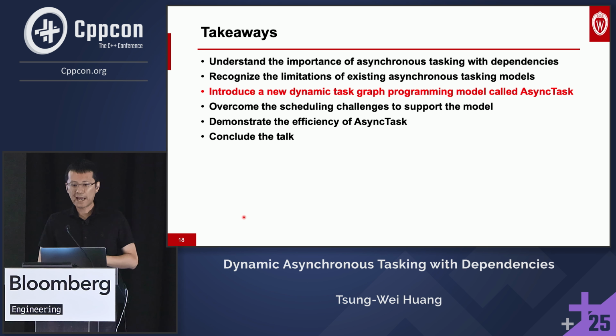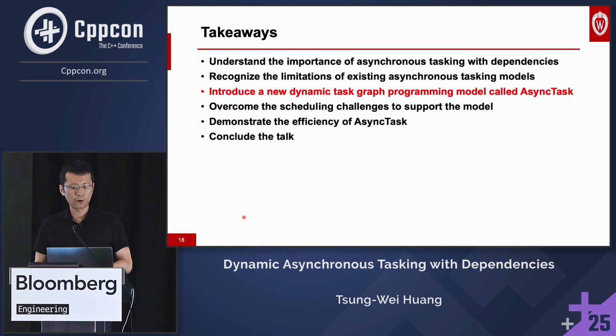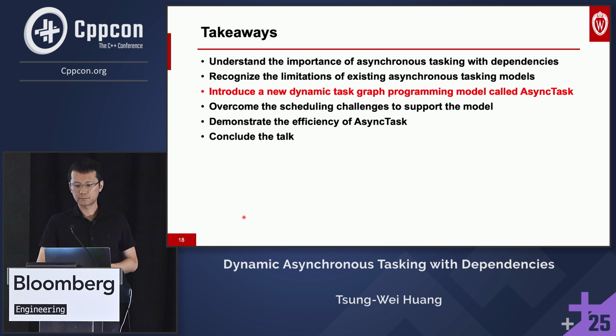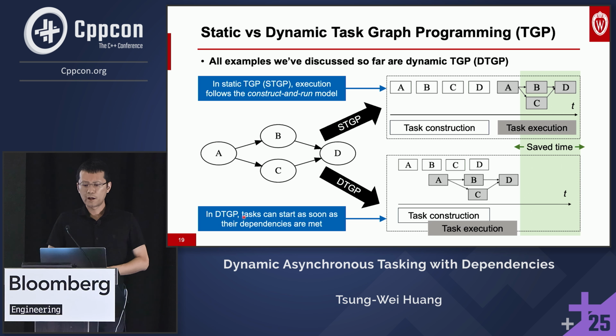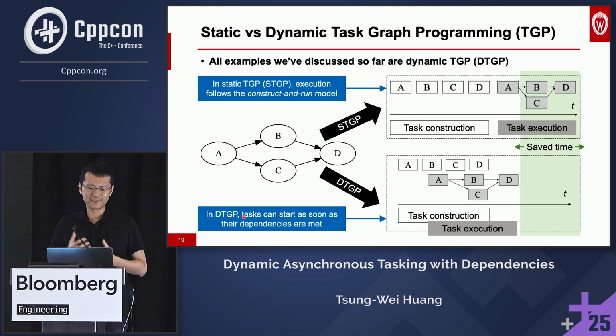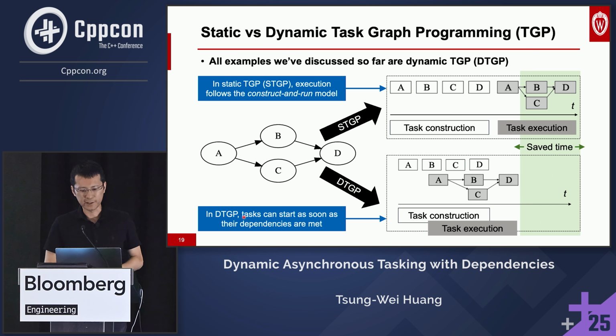Now, I am going to introduce a new dynamic task graph programming model and system called AsyncTask to address these limitations. Before I talk about dynamic task graph programming, let's first understand the difference between static and dynamic task graph programming, or TGP.